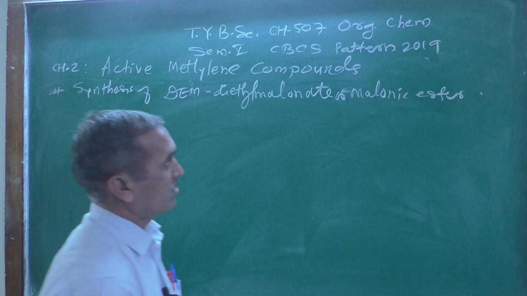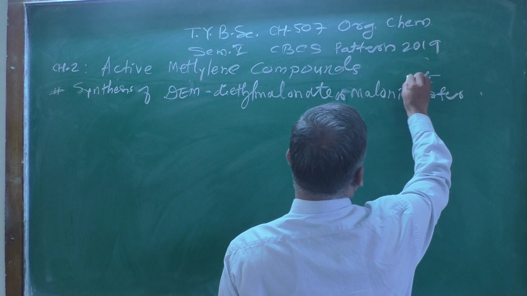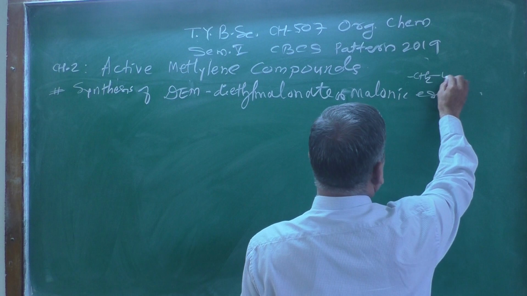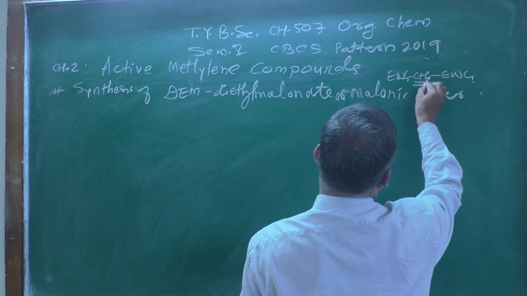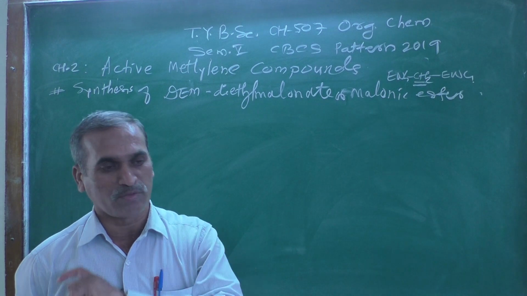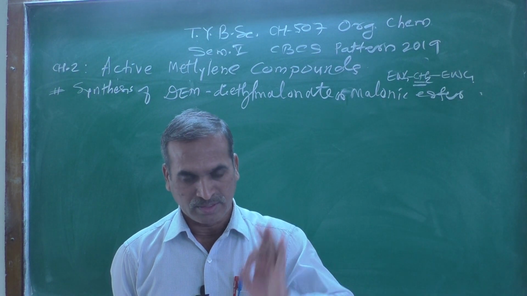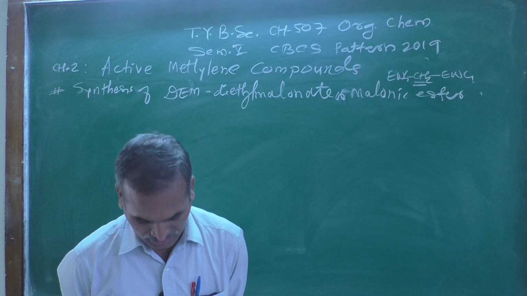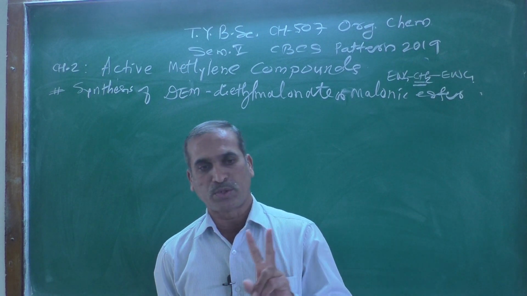As we know, the active methylene compound means this CH2 group is known as an active methylene group when it is present in between electron withdrawing groups, and those compounds containing such a CH2 group are known as active methylene compounds. Here, at TYBSc level, we are going to discuss only two compounds.